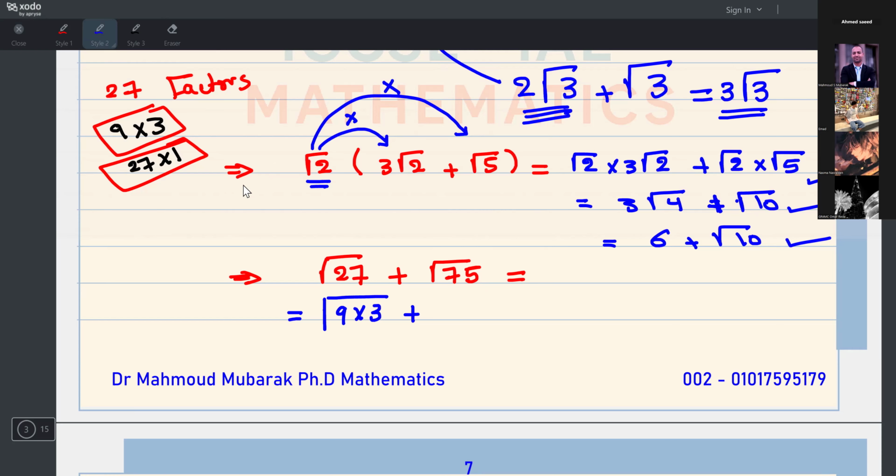So for example we can do 25 times 3, صح كده؟ Yes. اوكي. طيب روت 9 بكام يا عماد؟ 3. يبقى 3 روت 3. طب روت 25؟ 5. 5 روت 3. دلوقتي أصبحوا like surds ونقدر نعمل لهم add. 3 root 3 plus 5 root 3 is 8 root 3.